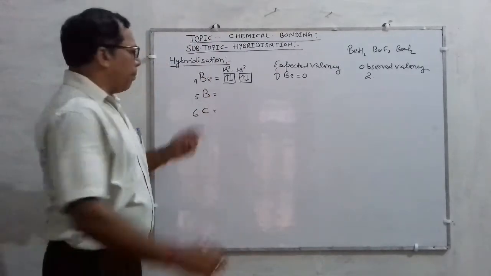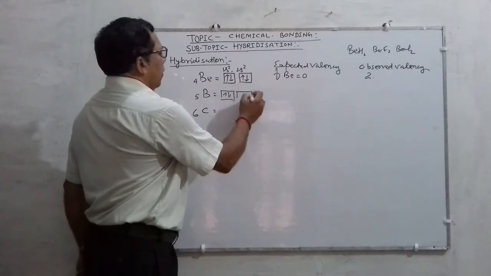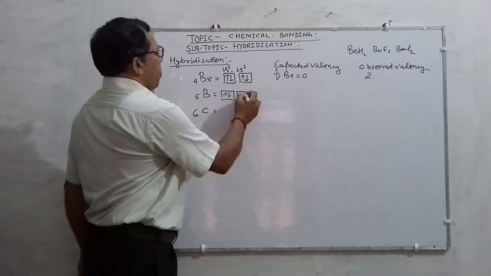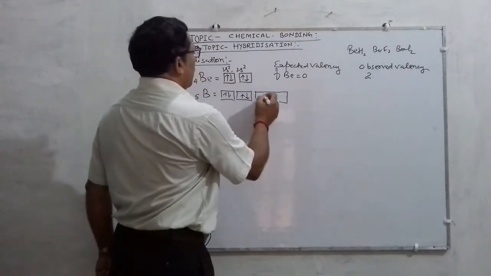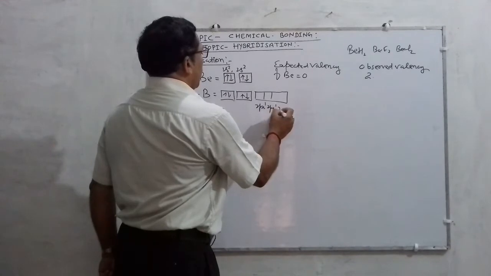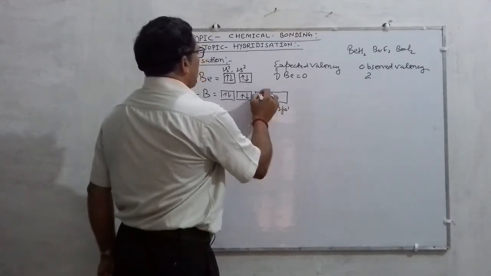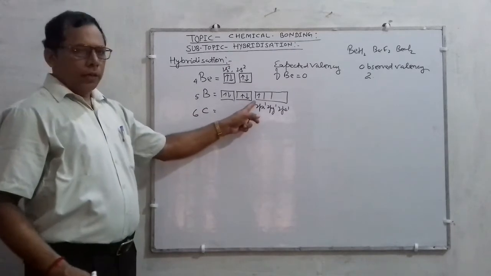Similarly, take boron also, children. Here there are 3 p orbitals, 2px1, 2py1 and 2pz1, and one electron will be in each.